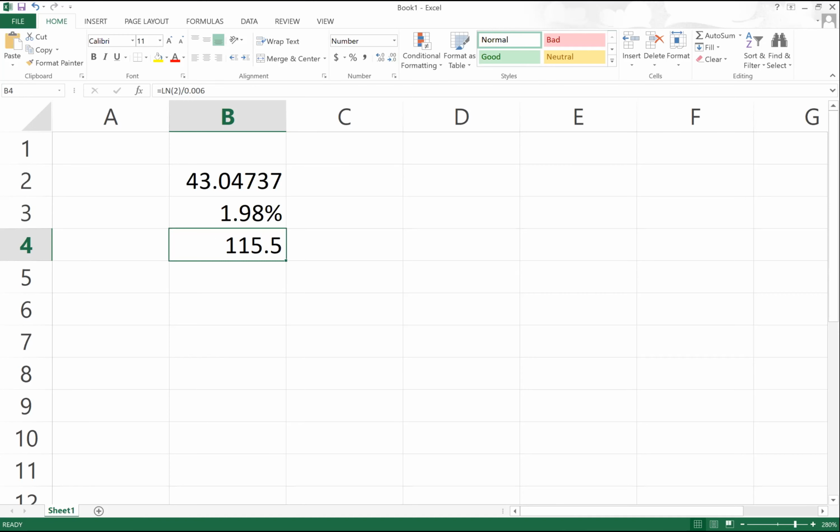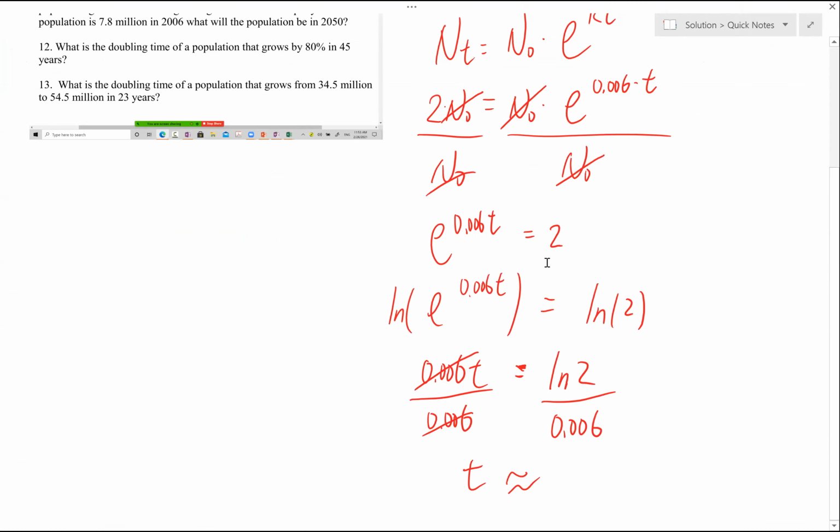Remember the previous one, it only takes 35 years because the growth rate is much higher. So this is 115.5 years. All right, so that's how long it takes to double the U.S. population with this annual growth rate. Any question on this?